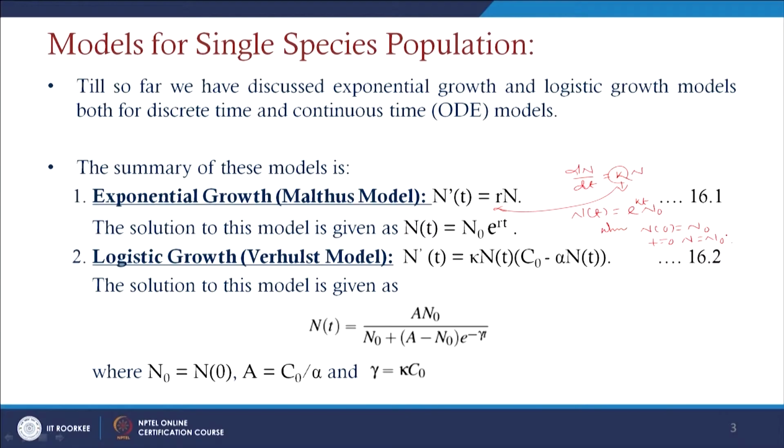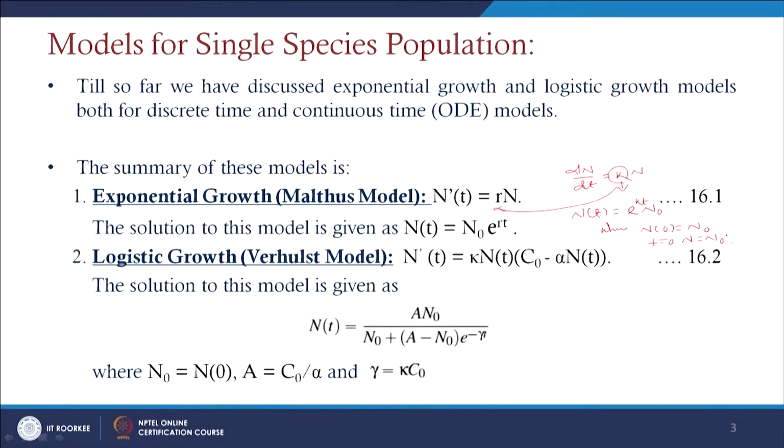Maybe you can visualize a population of tigers or deer existing in the atmosphere, where tigers eat deer and deer are fed by the grass. Sometimes, if there are natural devastations or cyclones coming, then both the deer and the tigers can die. So in that case this model cannot be valid, since we are assuming that only tigers will eat deer and deer will eat the grass and the population will grow.